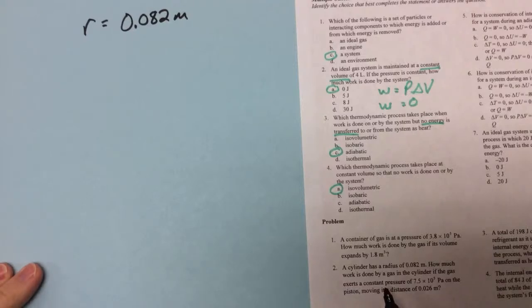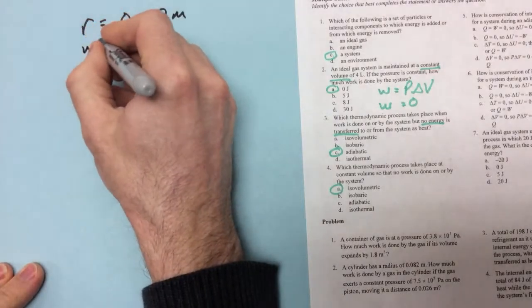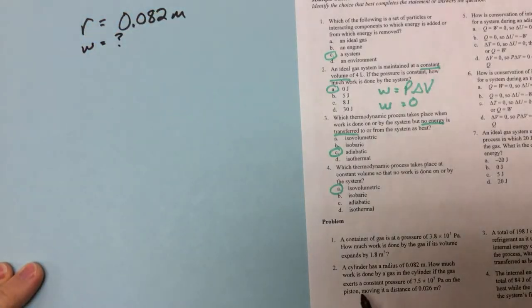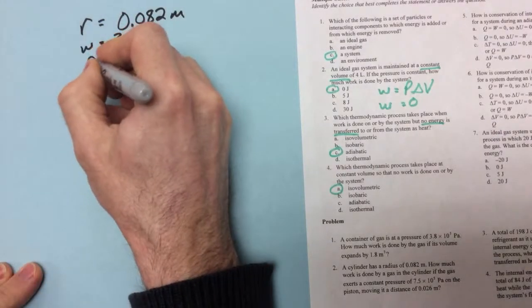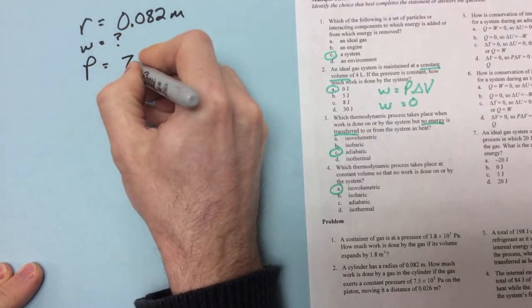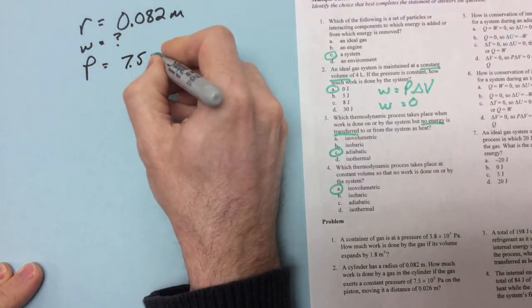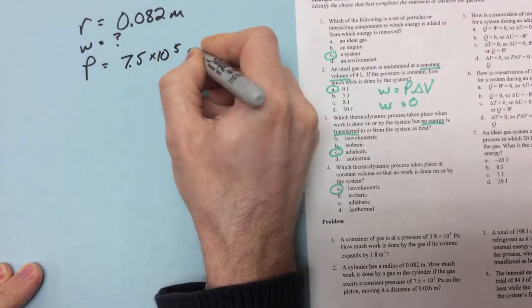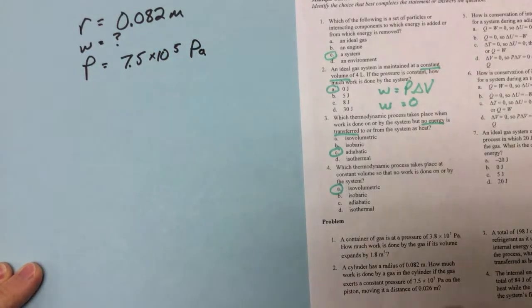Okay. So we got our radius. How much work, once again, we're solving for the work, is done by a gas in the cylinder if the gas exerts a constant pressure. So we got the pressure right here. The pressure is 7.5 times 10 to the 5th pascals on the piston, moving it a distance.